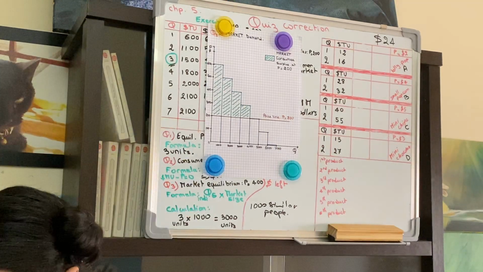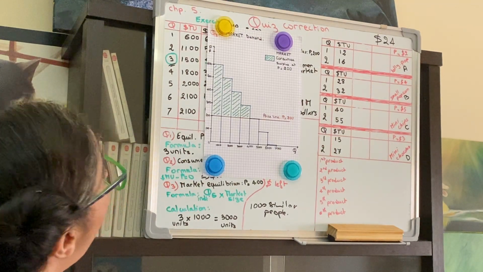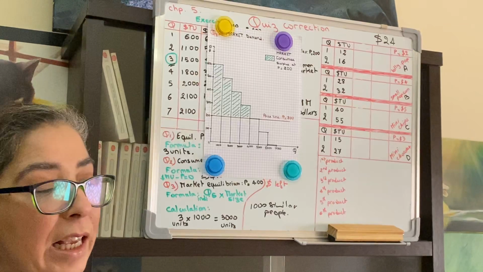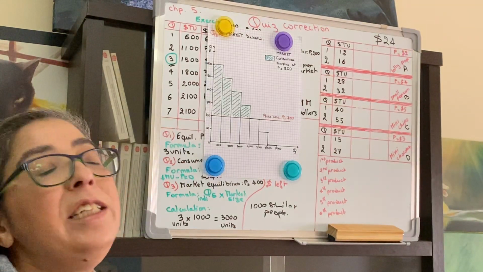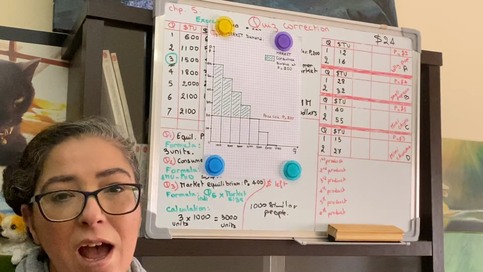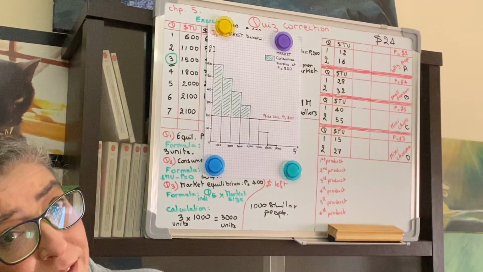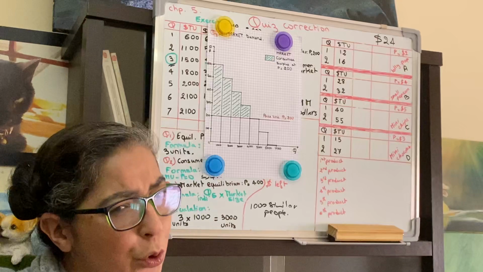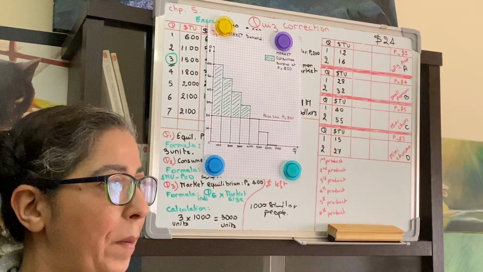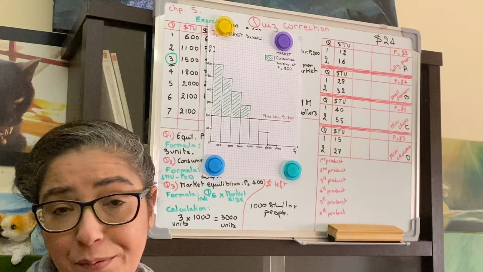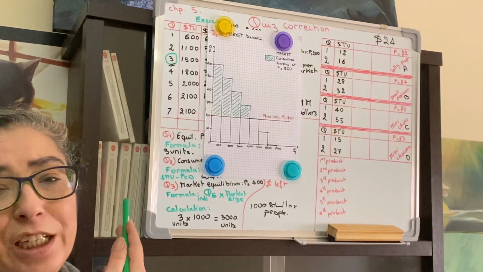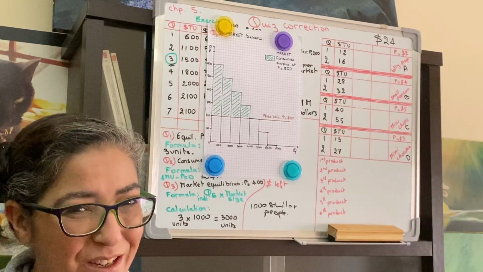I got these. Okay, so for the market, for the demand, what do you have? The demand by definition is the relationship between the price and the quantity demanded. You know that. And it is downward sloping. Now the thing is, I don't have price in here. I have dollar marginal utility.